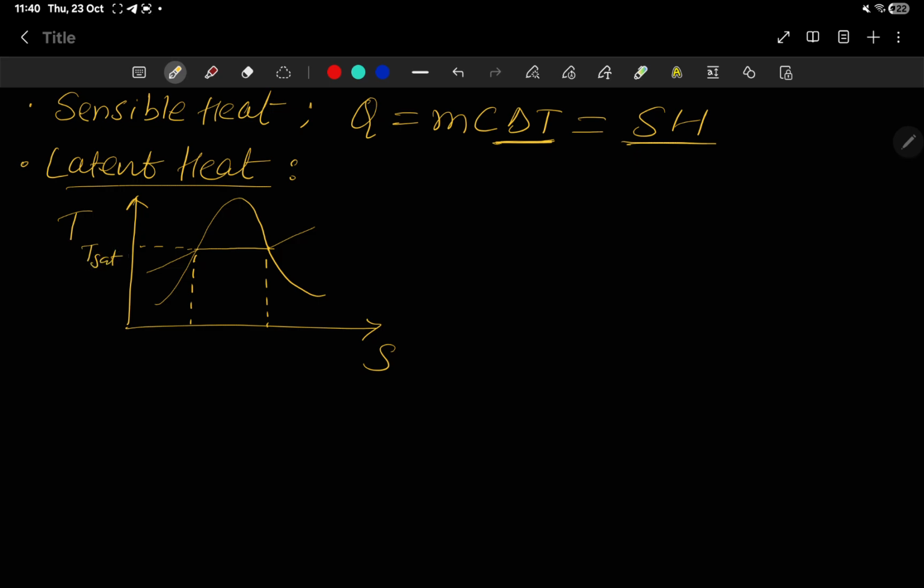So this region is called latent heat. This line we term F, and this line we term G. G for gas, F for fluid or liquid, right? This is the standard notation. So here latent heat will be the heat required for phase change.